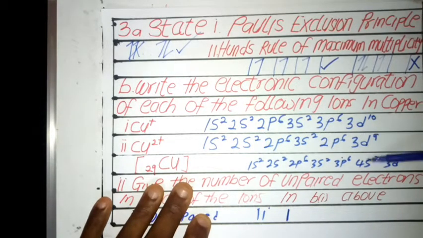Normally you want to write it like this, 4s2, then 3d8, right? That is 28. But in this arrangement, since this is 3d8, there's still vacancy in the shell, and since there's vacancy, the closest shell, 4s, will move in to complete the shell here. That's why it's now like this.